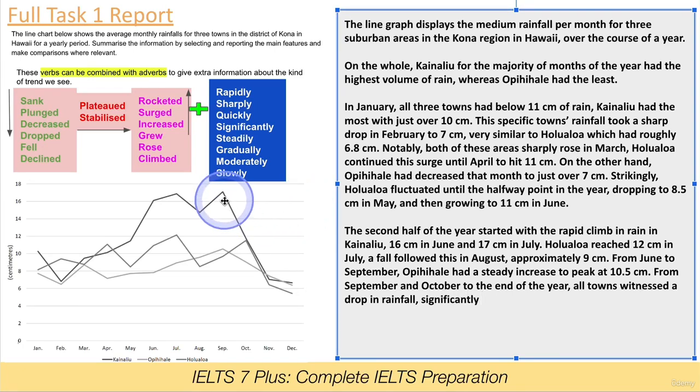Significantly, let's talk about Kainaliu. Going from 17 in September, peaking at just over 17 in September, to drop by 10 centimeters in November.